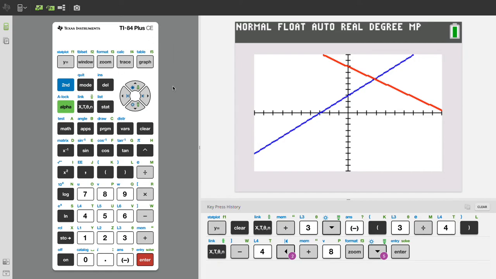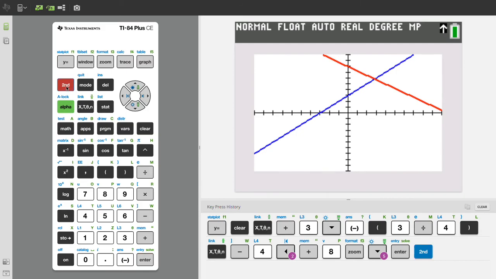What word do you see? Calc. And is that in the same color as your second button? Well, you probably typed something different than I did. That 3/4, you need to close the parentheses on 3/4. It was plus 8.